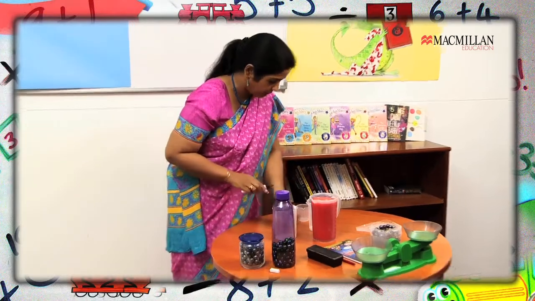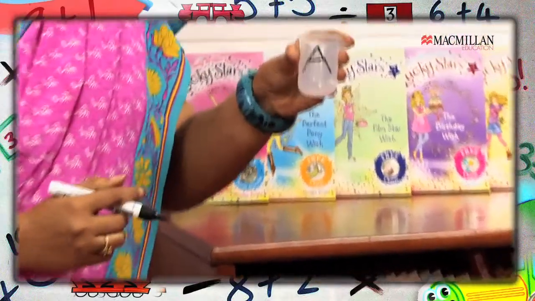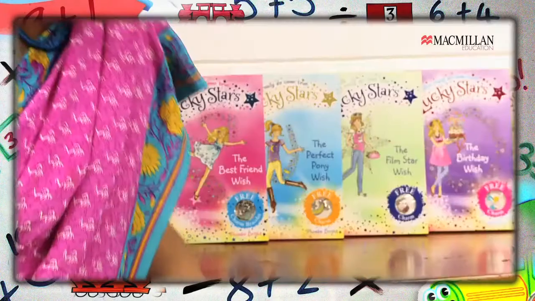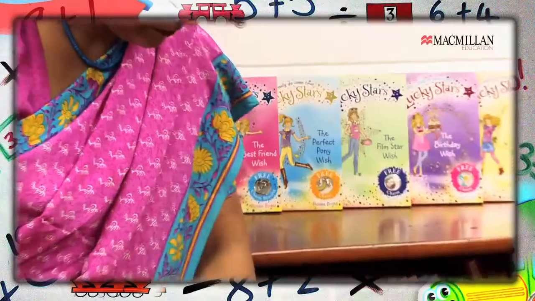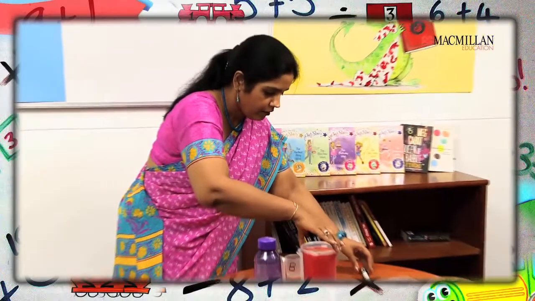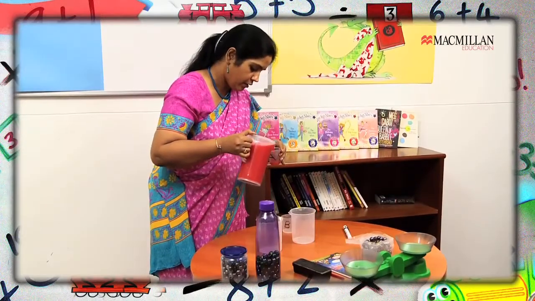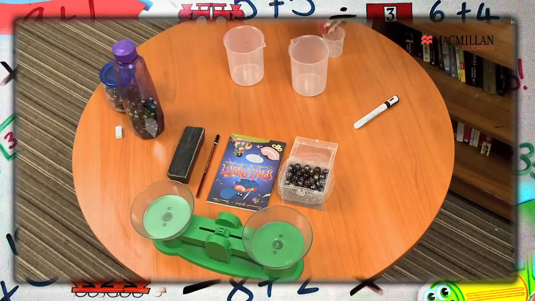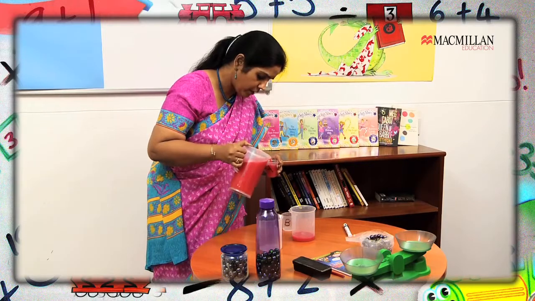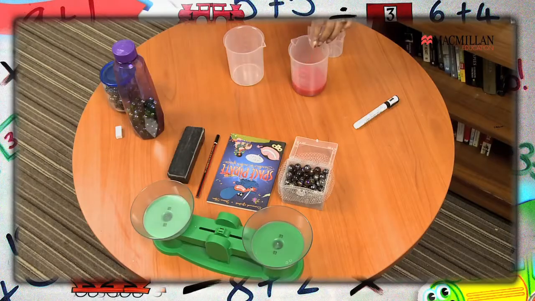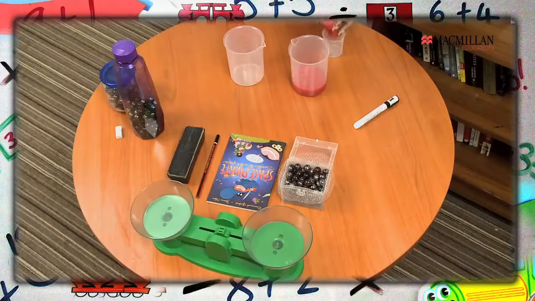I will first name them. This is my jar A. This is my jar B. Now I will use jar A to fill this jar to a certain level, and then I will use jar B to fill the other jar to the same level. So I have already put in 2.